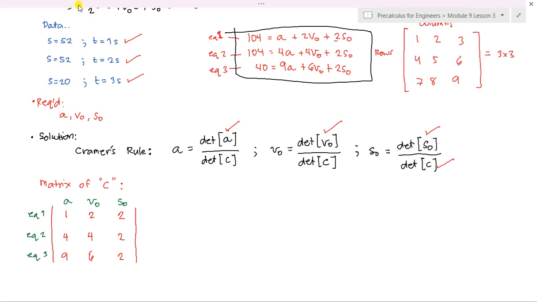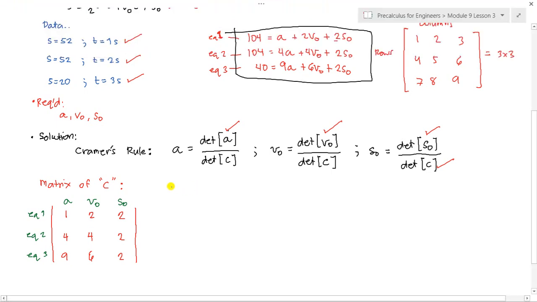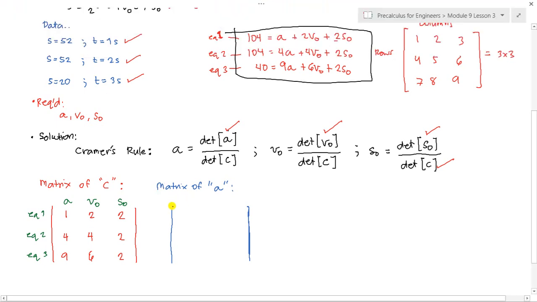Okay. So after the coefficient matrix, we proceed to the matrix for each variable. Next is the matrix for the variable acceleration. It is the same, a 3 by 3 matrix again. But this time, here is the catch.